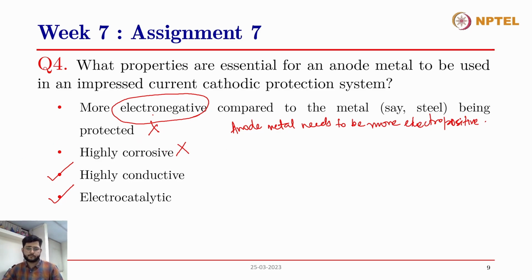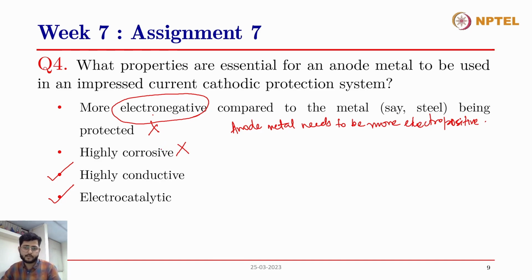Again, highly corrosive. If you have a highly corrosive metal, let's say, why do we use titanium instead of zinc? We can also use zinc, or we can in fact use another steel mesh. But the problem is that if we use such a highly corrosive system, it will get consumed within a few months or few years. So we don't want that.